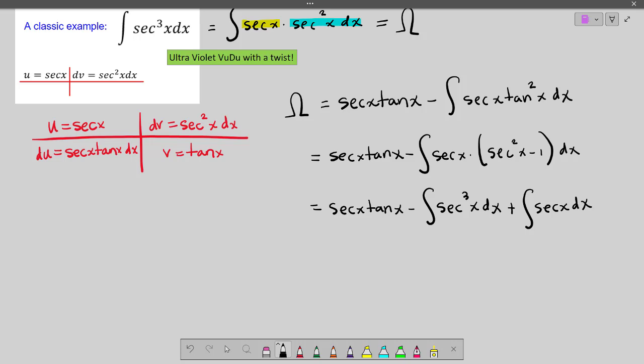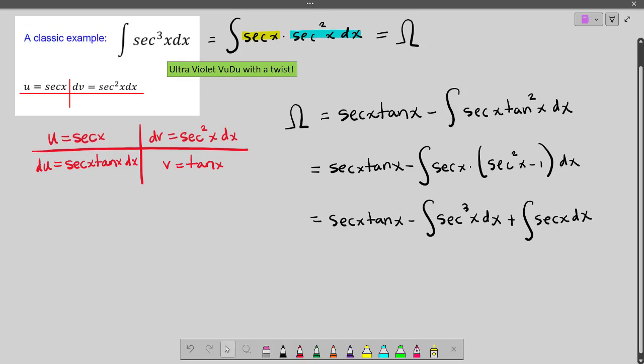So we end up with that. And so here is the twist part. The twist part is that we have come up with what? What is that? If I call the original integral omega, what is that right there? Omega. That's omega right there.